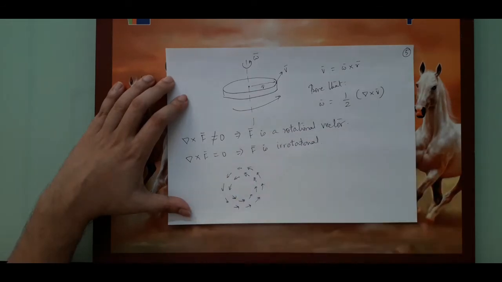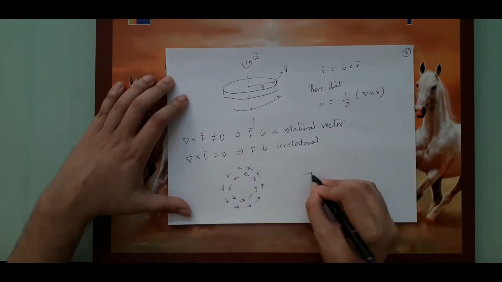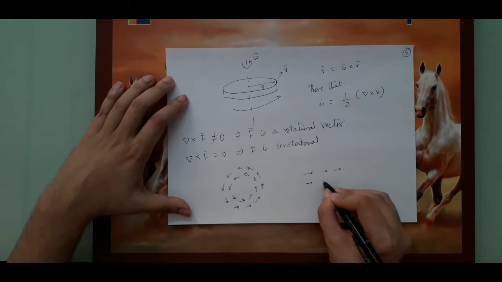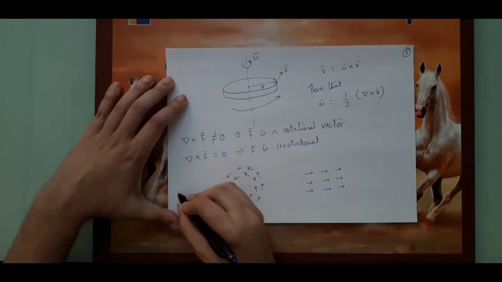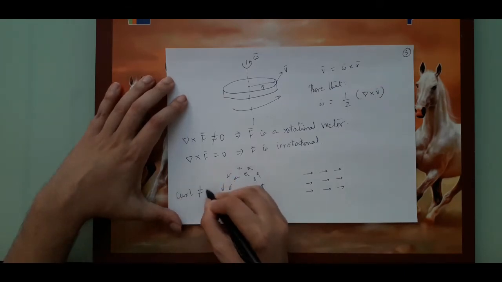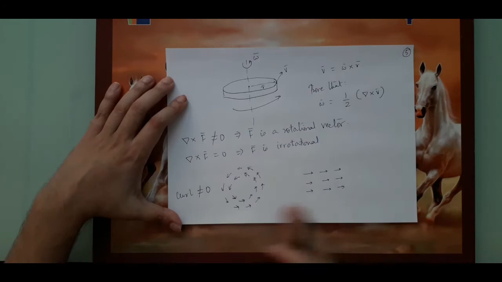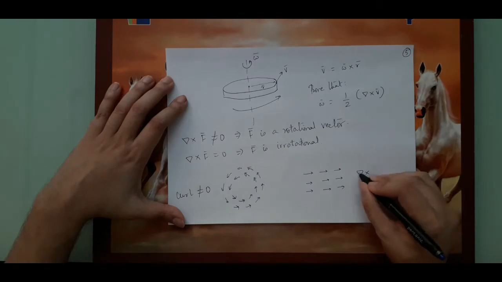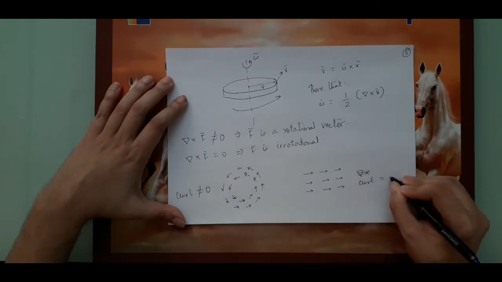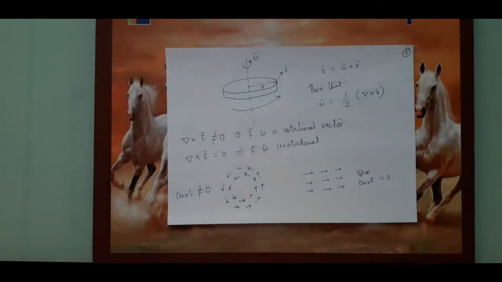because it is rotating. Compared to that, if I have a vector field which is like this, for example, the wind velocity on a normal day, this vector is moving linearly, so you will see that the curl of this vector could be 0 because there is no rotational component absolutely.